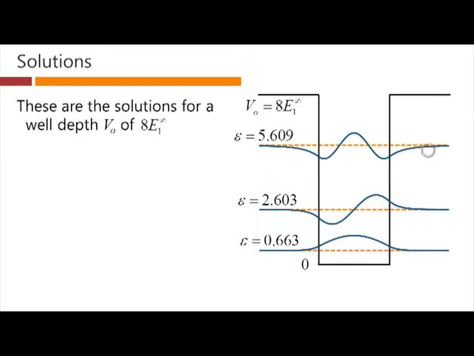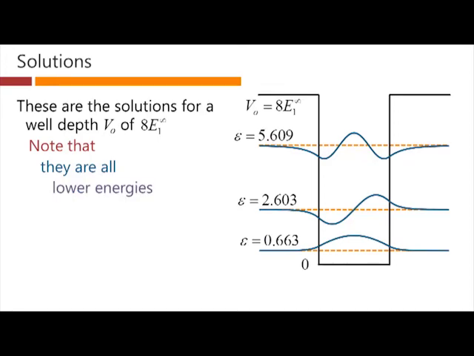Of course, I knew the answer before I started this, so what I was plotting for you before were the actual solutions to the problem, but we'd not proved that at that point. This is the first solution here, this is the second one, and this is the third one. And there are only 3 such solutions in a well of this height, of this depth.